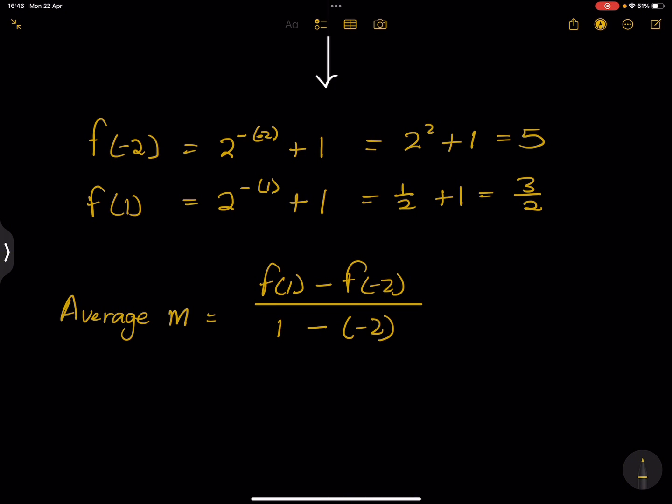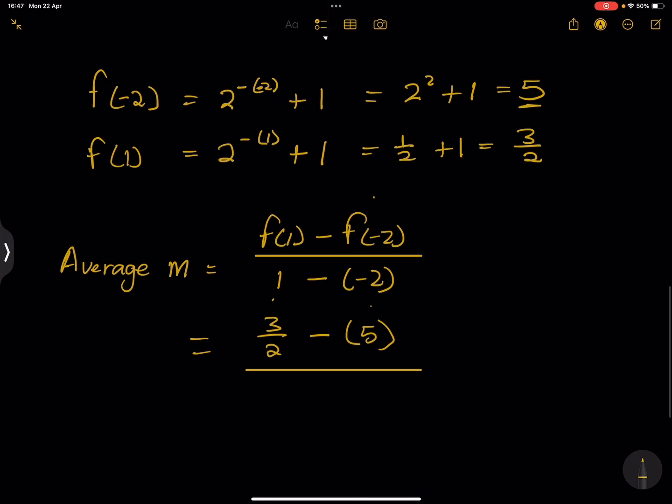So that's y2 minus y1 over x2 minus x1. f of 1, we found to be 3 over 2, minus f of negative 2, that was 5, divided by 1 minus a negative 2, which is plus 2.